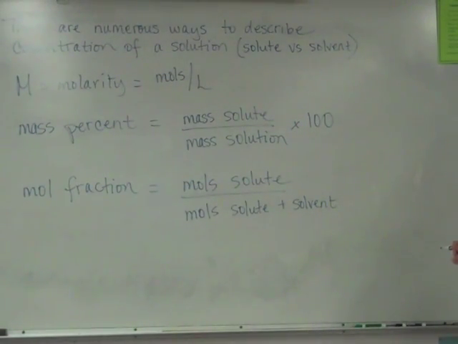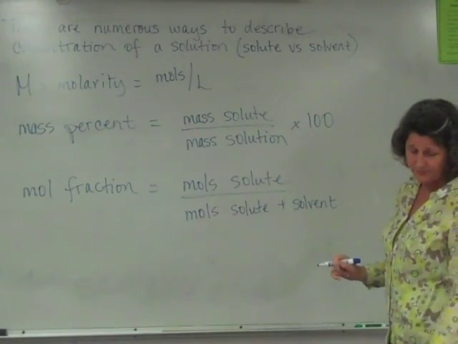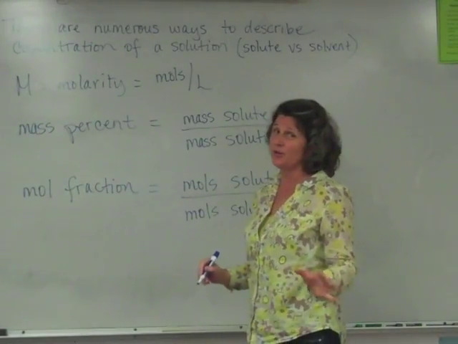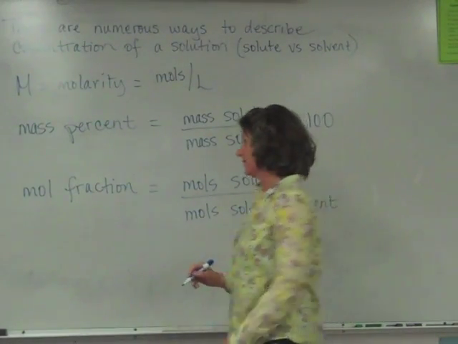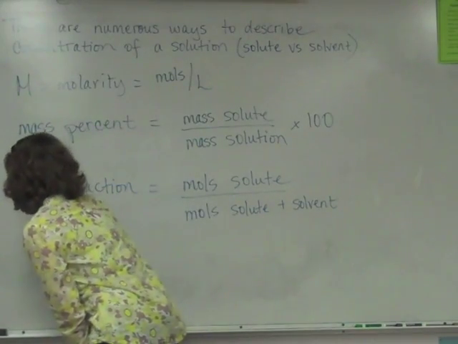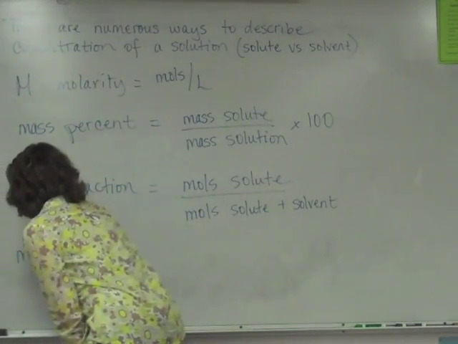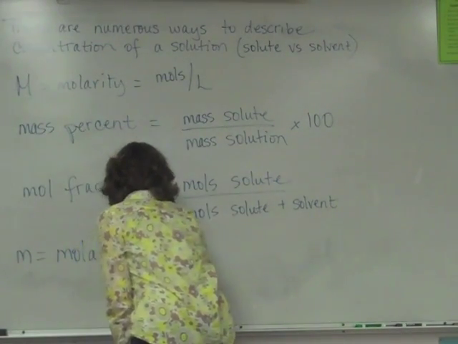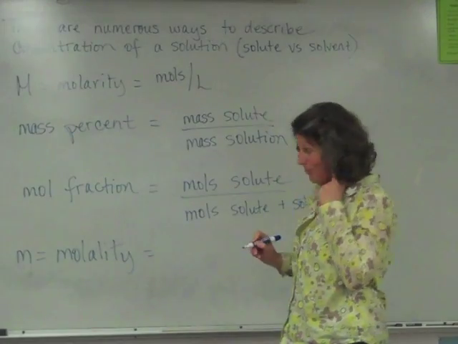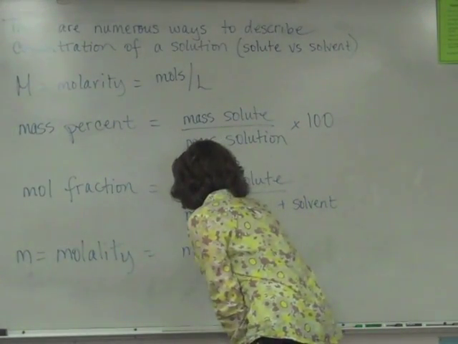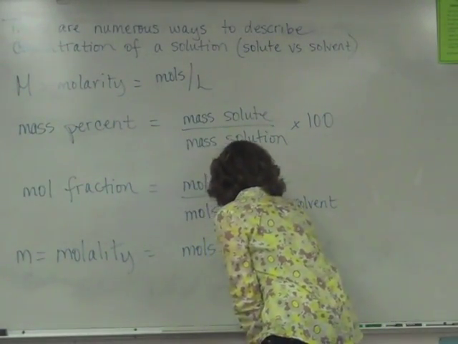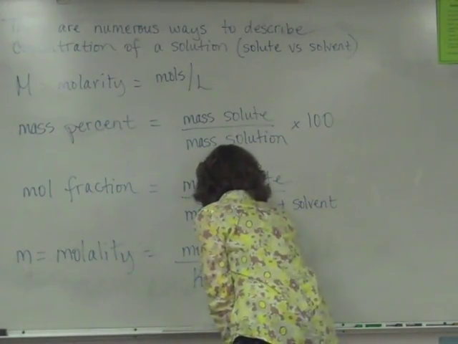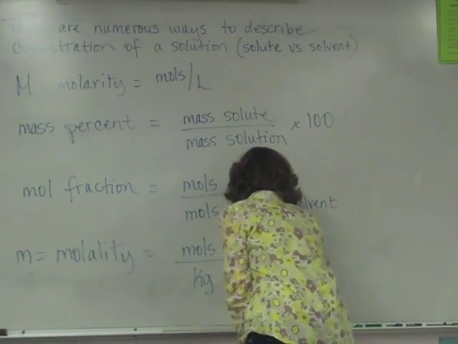Now, we're not done with our list. We also have molality, which we will use this week, talking about colligative properties. Molality is little m, and that is moles of solute over kilograms of solvent.